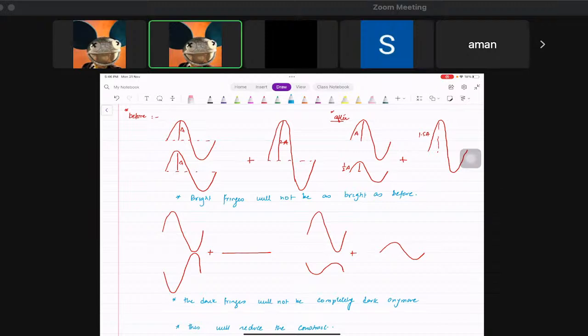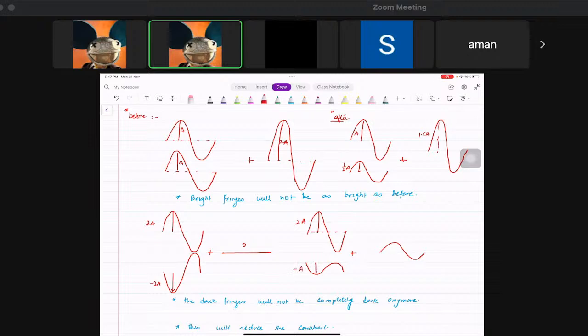Yes, yes. So initially, suppose this one had an amplitude of 2a, right? And because it was anti-phase, the amplitude here was minus 2a. So when you add the amplitude, it's going to give you 0, right? You agree? So it completely cancels out. But what if this has an amplitude of 2a and this has an amplitude of minus a?